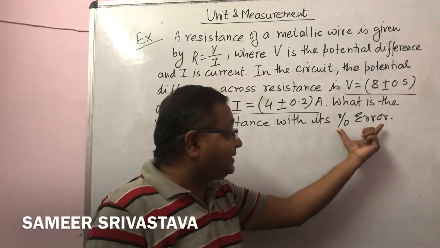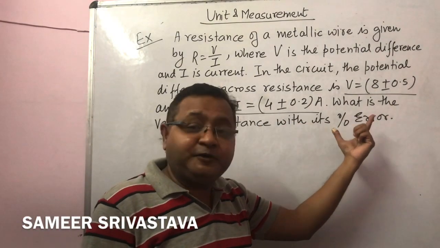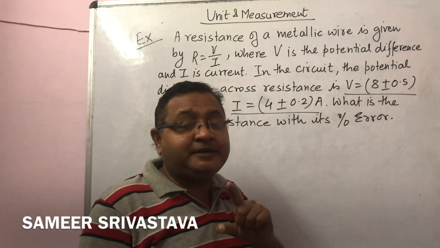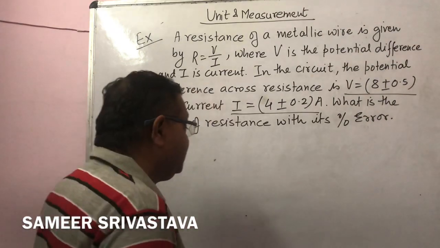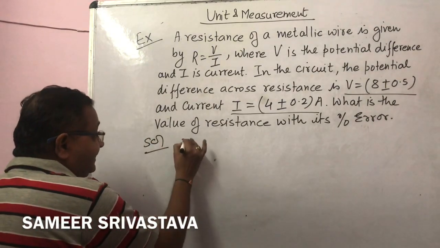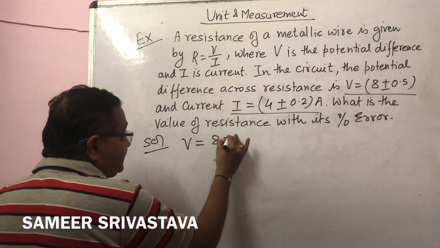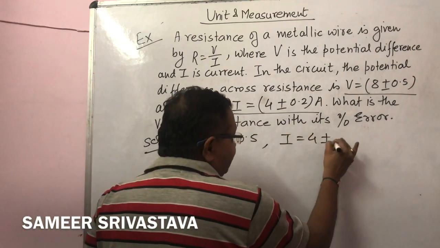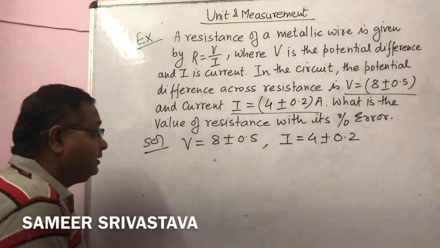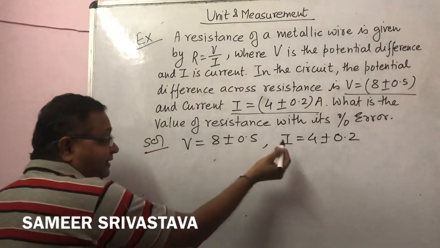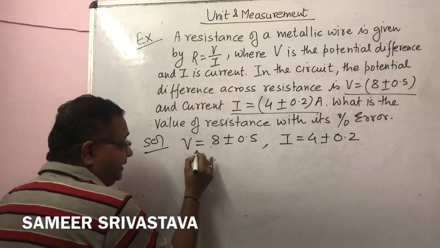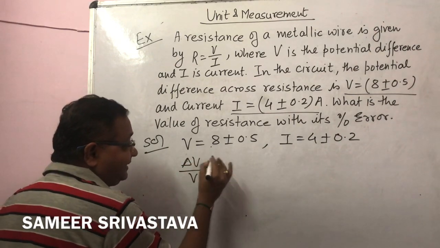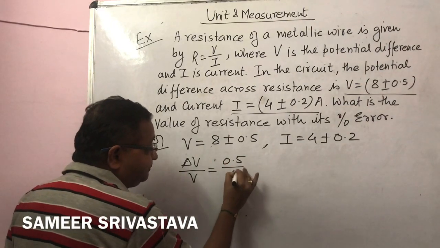Here we have to find the resistance with percentage error, and we all know that whenever we have to find the percentage error, the error must be in the form of relative error. So first of all, given V equal to 8 plus minus 0.5 and I equal to 4 plus minus 0.2, write the relative error for V and I. This is the value of V and this is the value of delta V. So delta V upon V we can write as 0.5 upon 8.